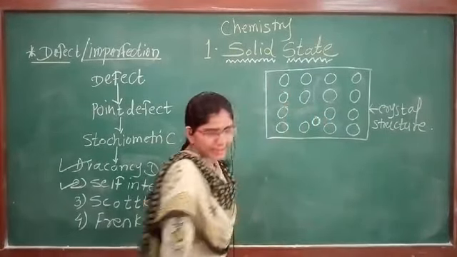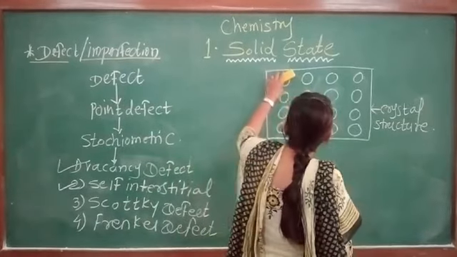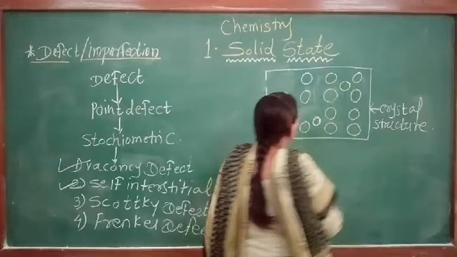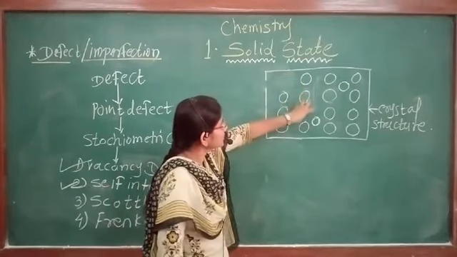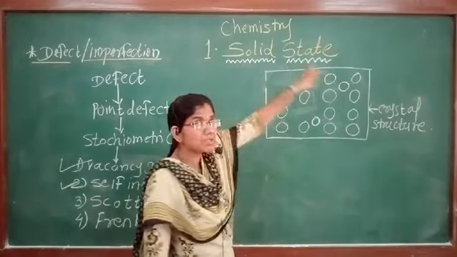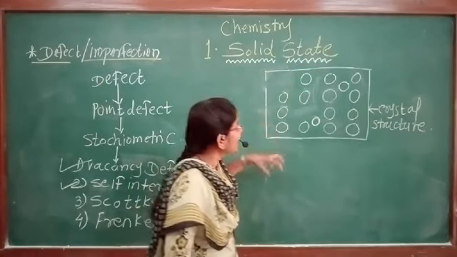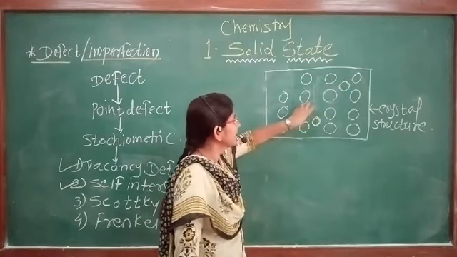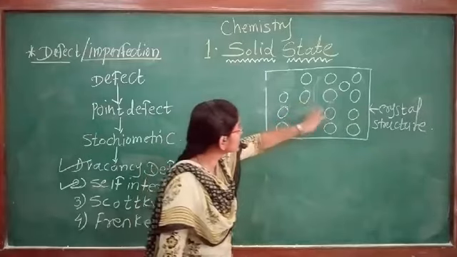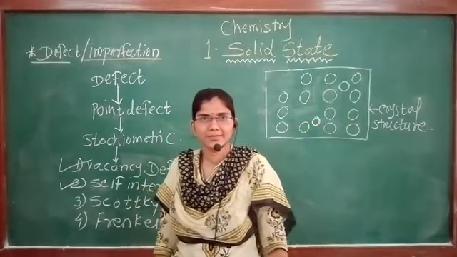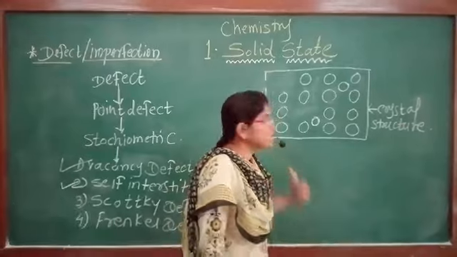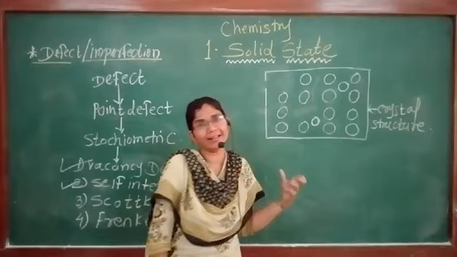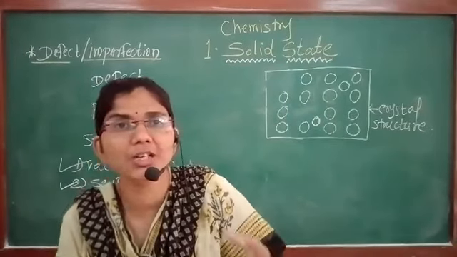Suppose these are two particles; they lose their original position and go into the interstitial site, just like this. This is also one of the particles that goes into the interstitial site. This defect is called a self-interstitial defect.